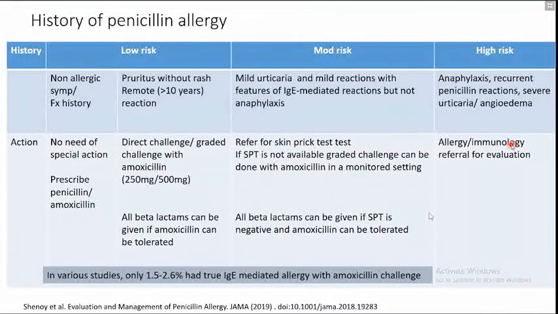So if they come with a penicillin allergy history, just with pruritus, without a rash, or a very remote history, like that's something that happened long time ago, then you can do a direct challenge or a graded challenge. Usually we do the direct challenge with amoxicillin or graded challenge with amoxicillin. You can use the pediatric suspension, right? 500 milligrams. So you can divide into multiple doses and give slowly, or you can, even in low risk patients, do a direct challenge.